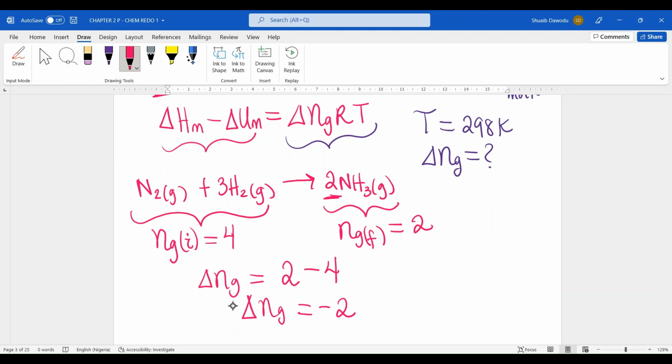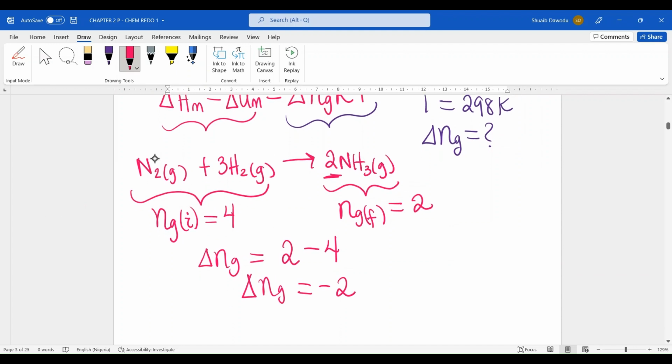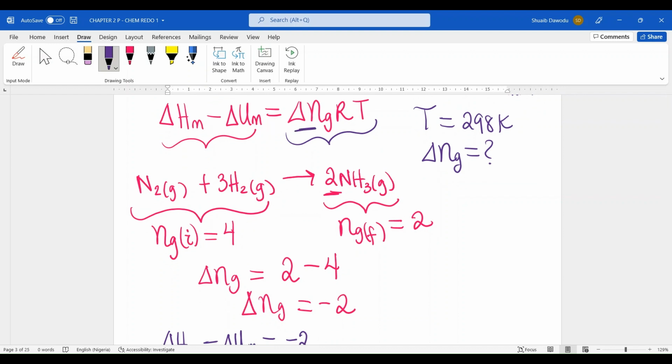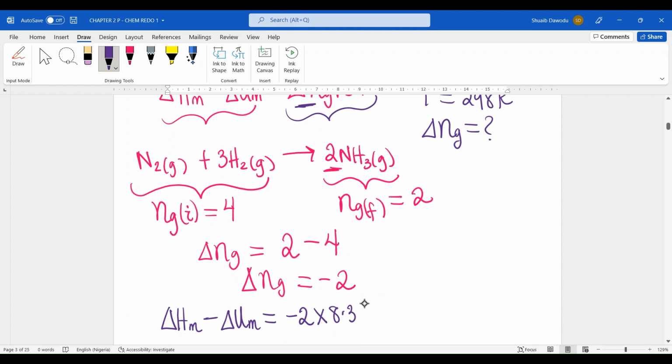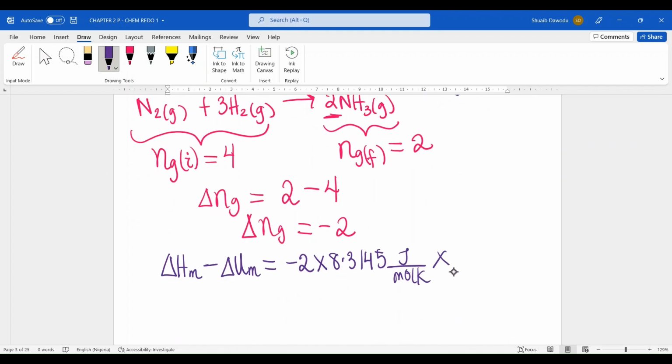So we have all we need here, and we can just substitute. The change in molar enthalpy minus the change in molar internal energy would simply be minus 2, the change in Ng, times R, 8.3145 joule per mole Kelvin, times T, the temperature, 298 Kelvin.